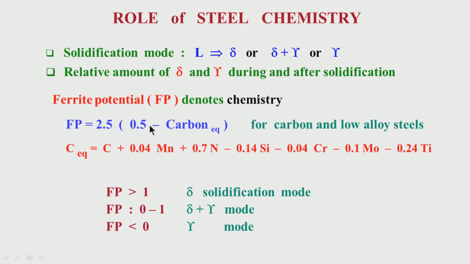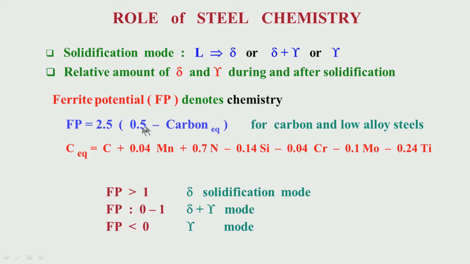Say 0.05% carbon. So, 0.5 minus 0.05 means 0.45, and 0.45 into 2.5 is more than 1. When ferrite potential is more than 1, this indicates delta solidification. That means, for any carbon or carbon equivalent less than 0.1, we have the delta solidification mode. Let us take a carbon equivalent of 0.5.